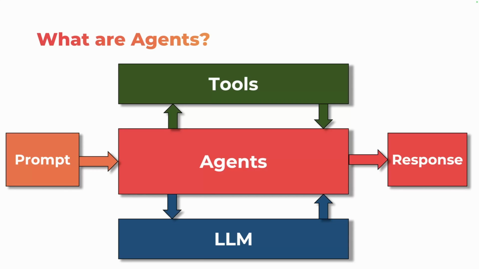So that's what agents are meant for. They are basically leveraging two things: one, a set of tools that we provide, and a set of LLMs, sometimes more than one LLM, in order to accomplish a task.